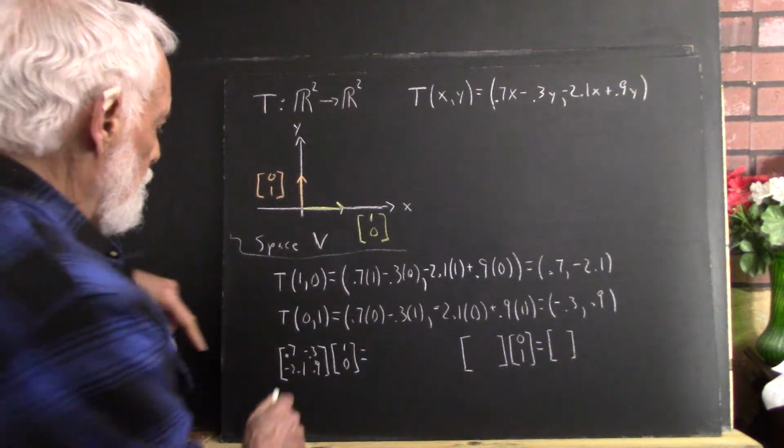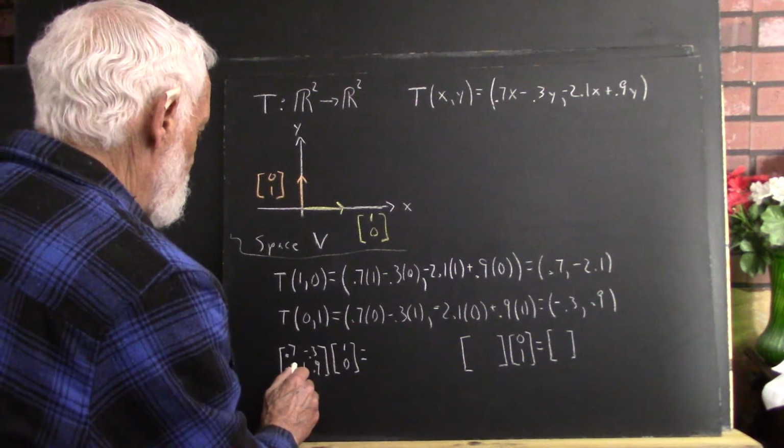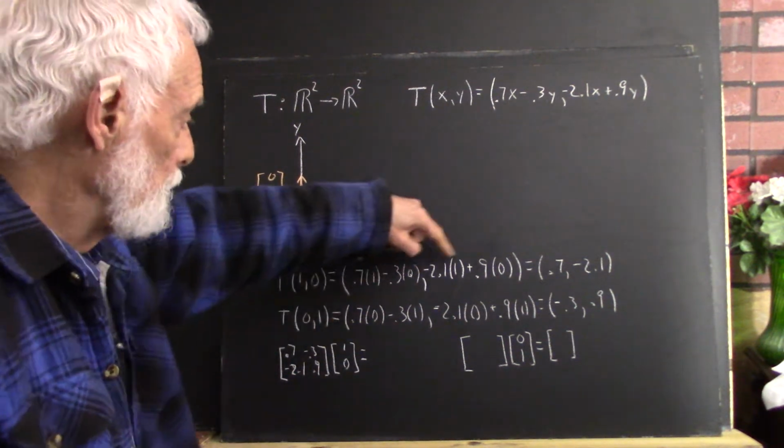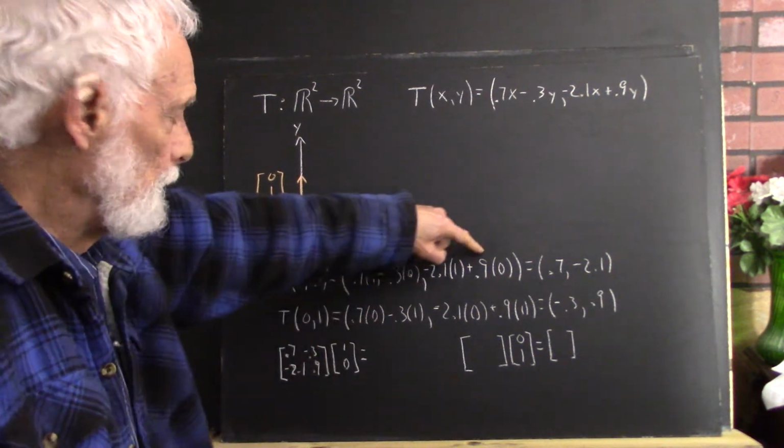Here we have negative 2.1 multiplied by 1, which is here, and 0.9 multiplied by 0 here.